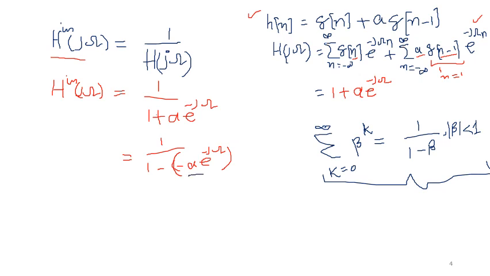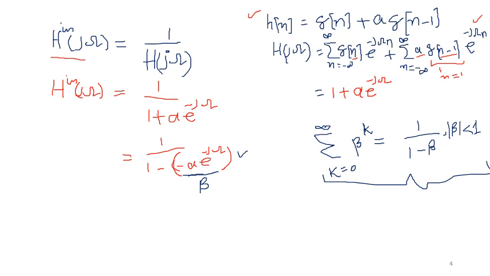So remember that this is basically beta, right? So this result will be only valid when minus a times e power minus j omega is less than 1, right?